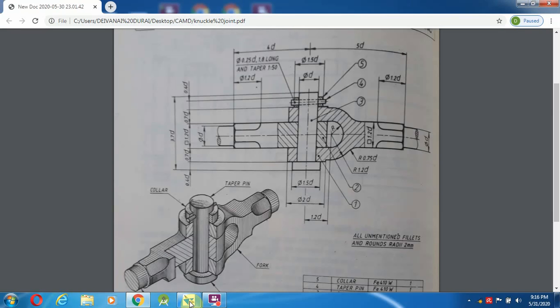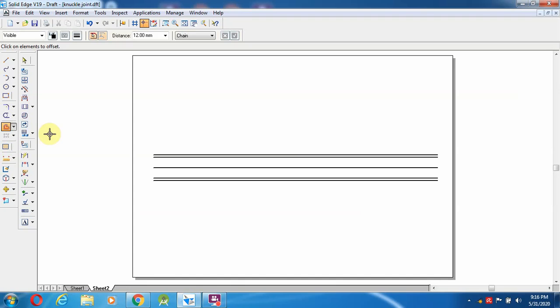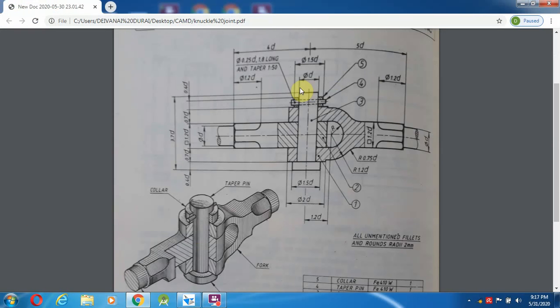After completing this, first initially I'm going to do the vertical line. I'm going to do the vertical line somewhere in the middle of the page. So select a line, I'm going to draw a vertical line. After drawing the vertical line, what happens?